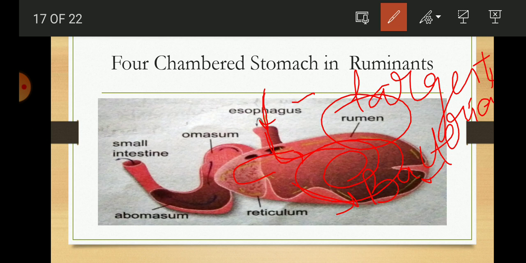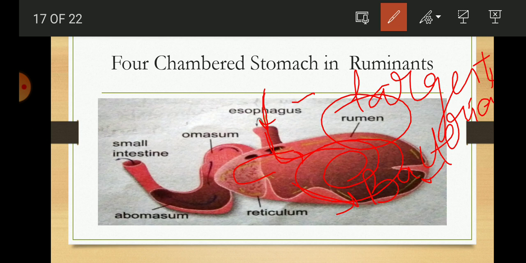Students, this reticulum part has an opening through which the food mixes with it also. So the rumen is not a separate part, but it is present in the reticulum also, but here the reticulum is considered the second chamber of the stomach.